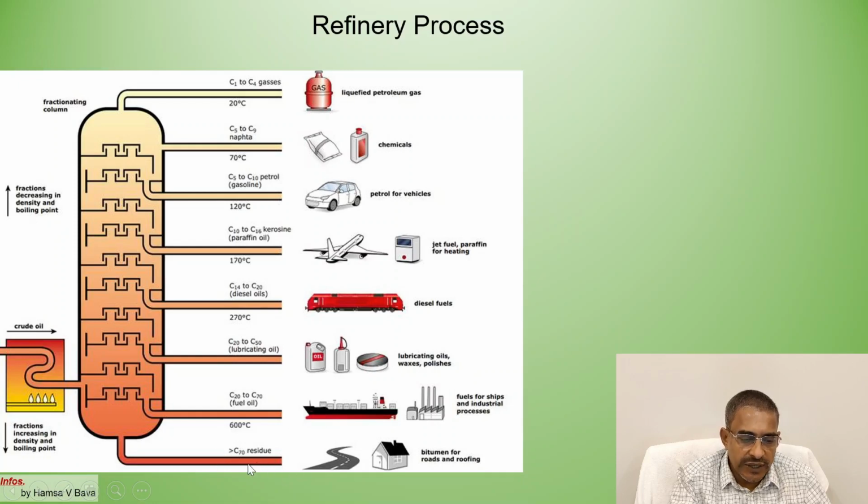Then the residue at more than C70, around 1000 degrees C, you can say, or 800 degrees C, is bitumen, and further processing or cracking converts large heavier hydrocarbons to lighter hydrocarbons.